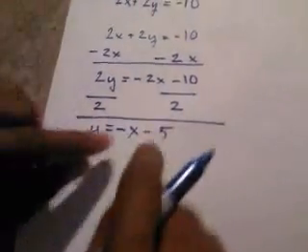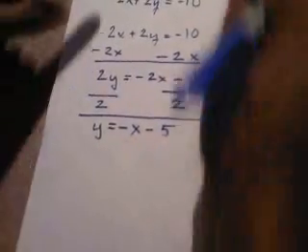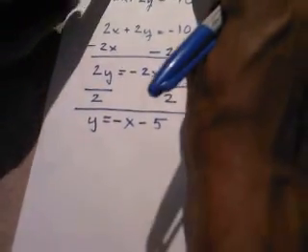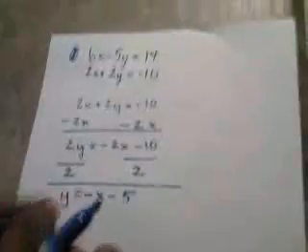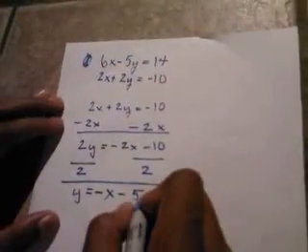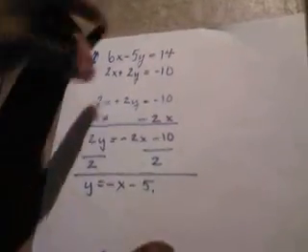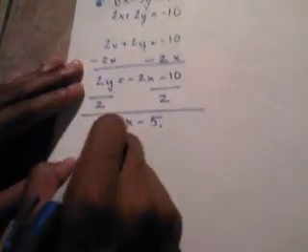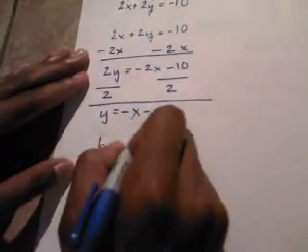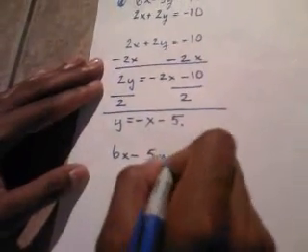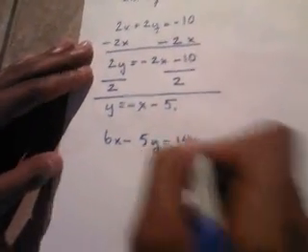So you're going to plug this into the problem up here to get what x equals, now that you have what y equals. Okay. So now you're going to write out 6x minus 5y equals 14.